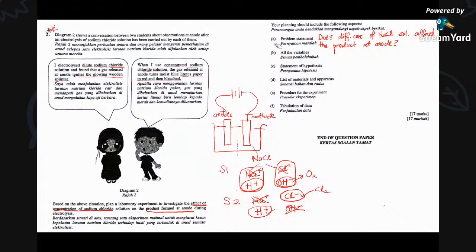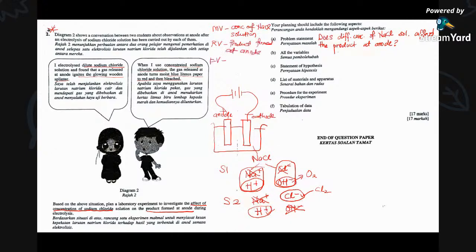So I write down over here, manipulated variable will be the concentration of the sodium chloride solution. If you see all this, the answer is already given in the question. It's just that you need to identify. Okay, and responding variable will be the product formed.